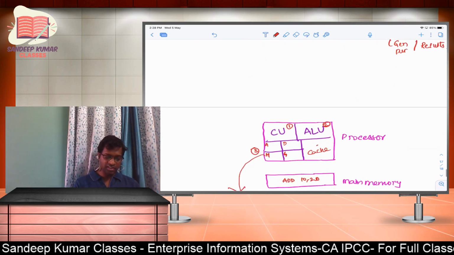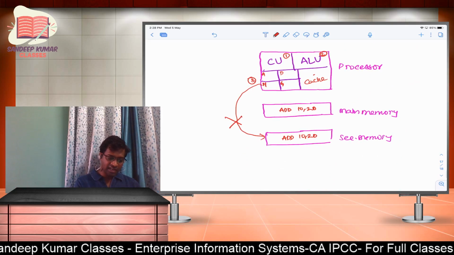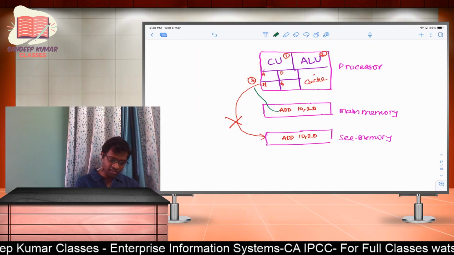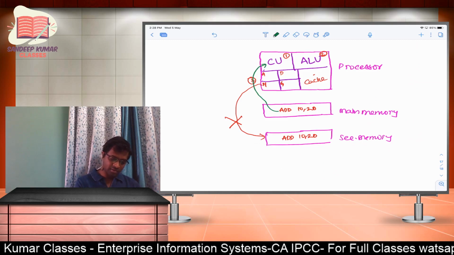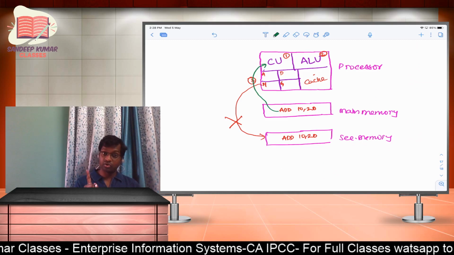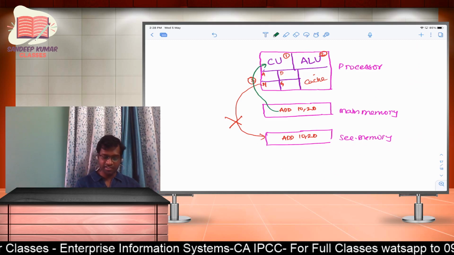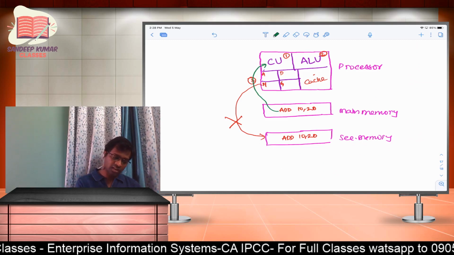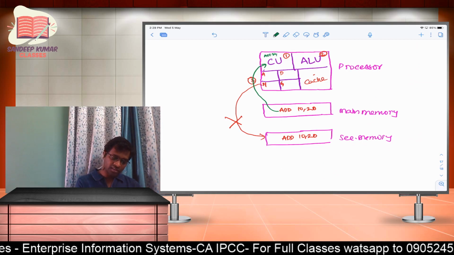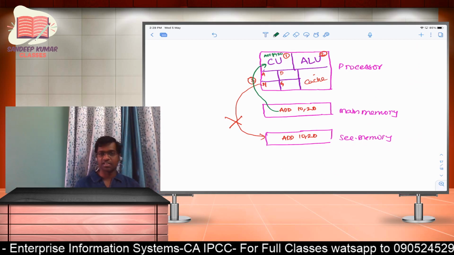So the control unit will take this instruction to its location, and it places this instruction into its location: add 10 comma 20.